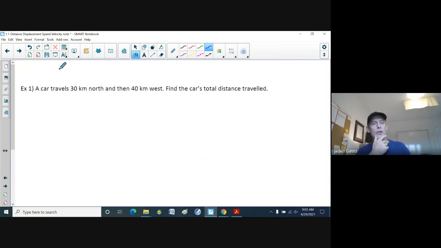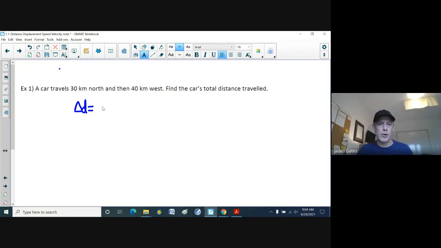A car travels 30 kilometers north and then 40 kilometers west. Find the car's total distance. When you're finding distance, which is delta D with no arrow, all we're looking for is the numbers. How far did it travel?